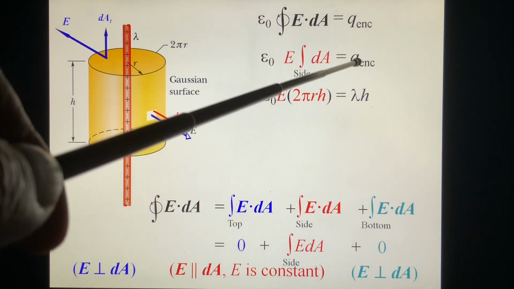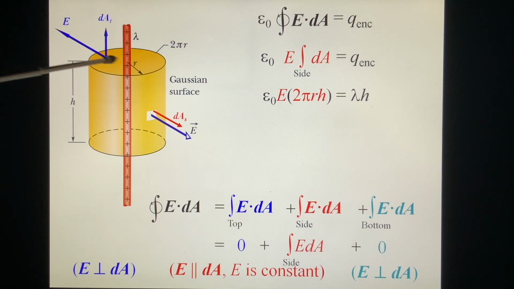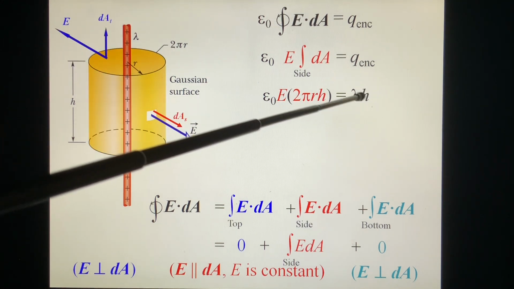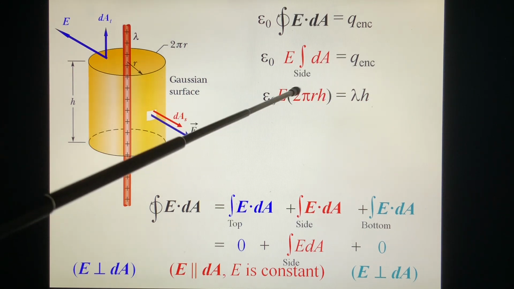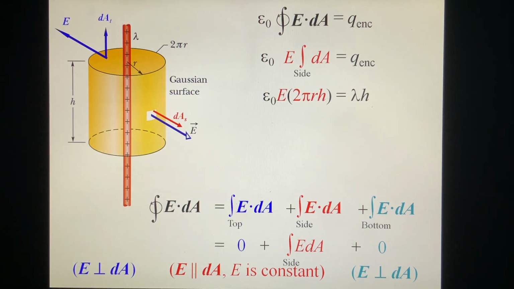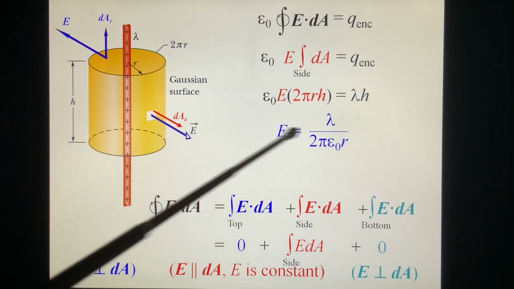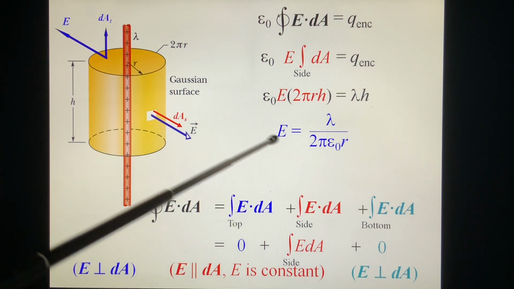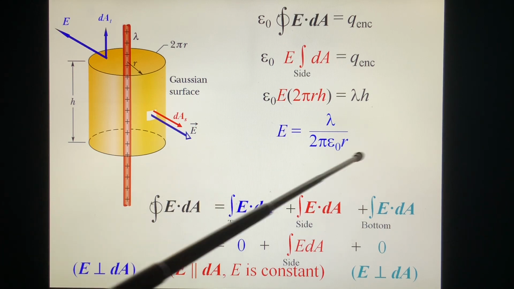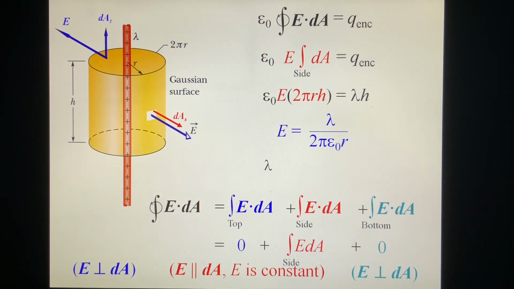And Q enclosed is the rod inside the surface, so it is h lambda. We cancel out h on both sides, and we get E equals lambda over 2 pi epsilon zero r. This E is not uniform: the smaller the R, the larger the E. Lambda is the linear charge density of this rod.